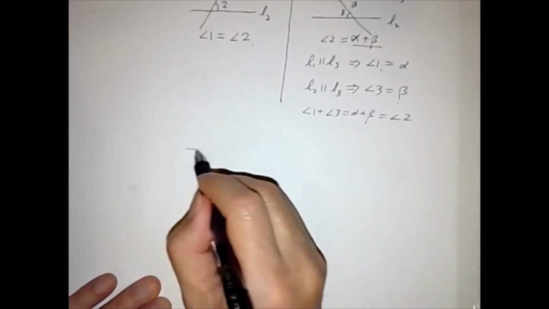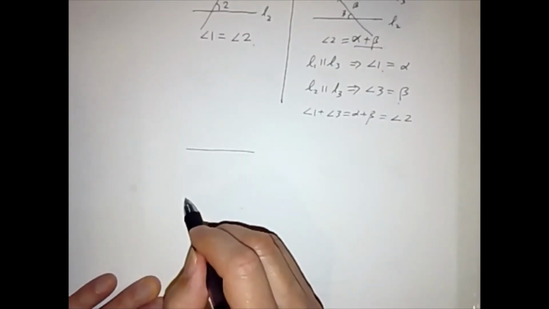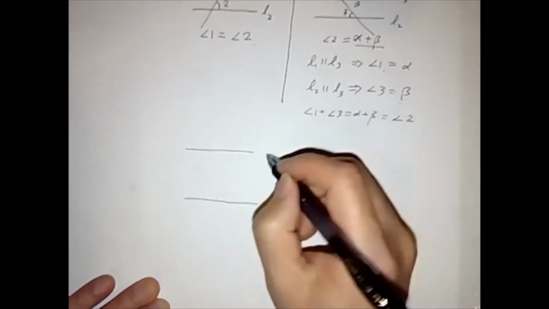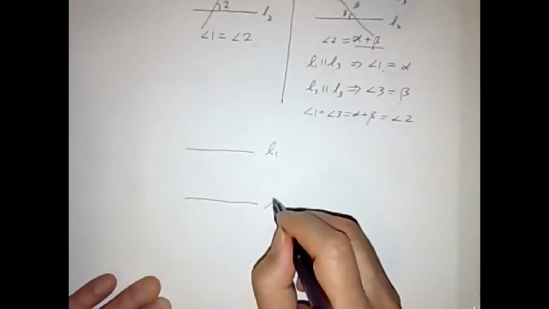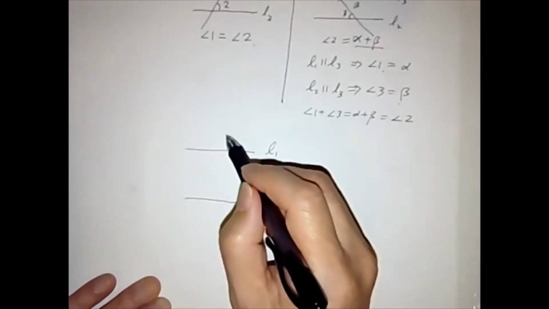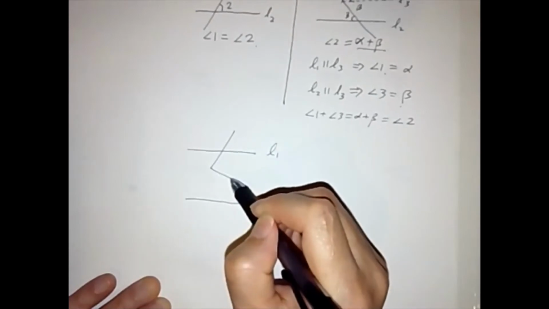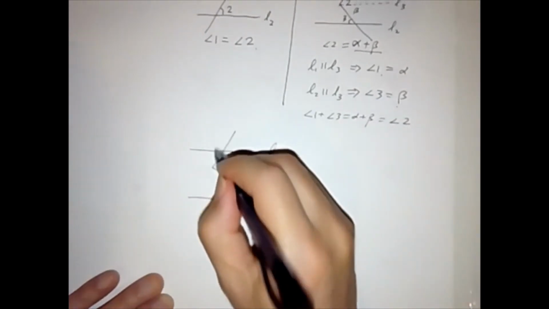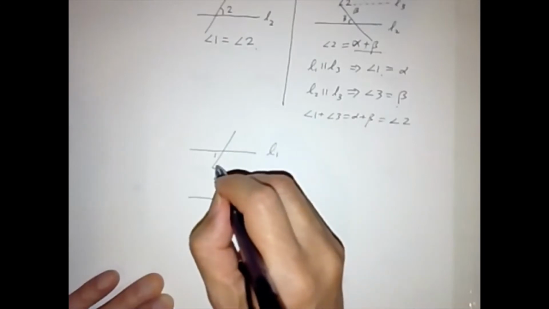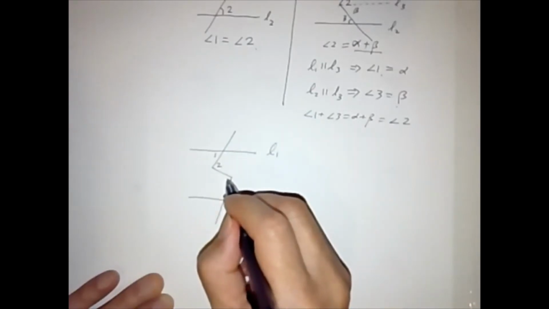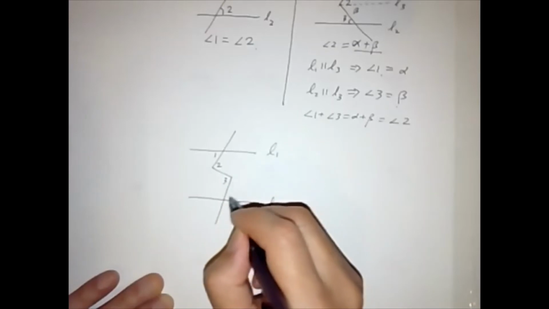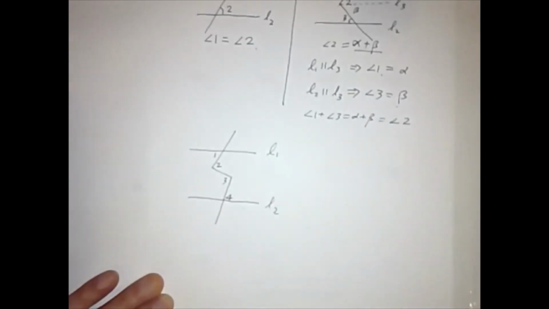Now let's look at the third case. Two parallel lines here, L1 and L2, and I have a transversal polygonal line like this. It's my angle 1, left side, angle 2, right side, angle 3, left side, and angle 4 here.